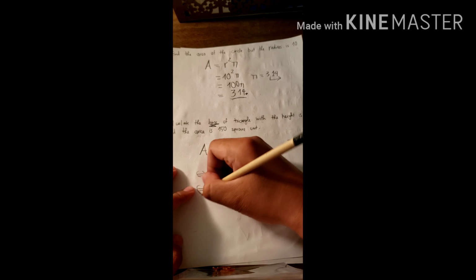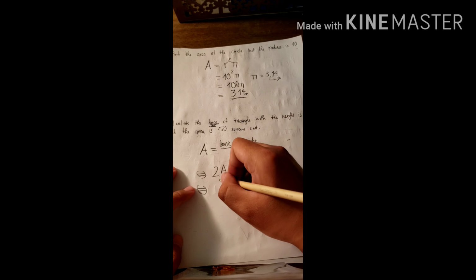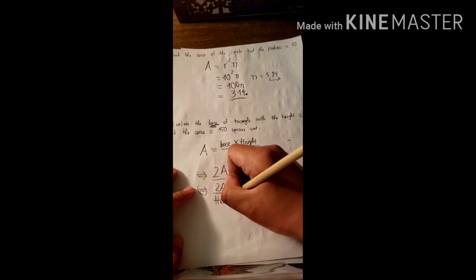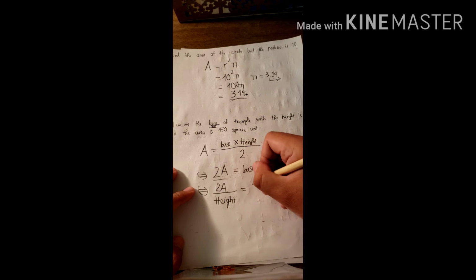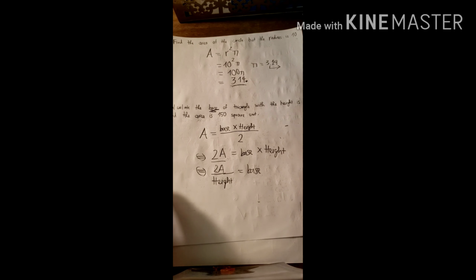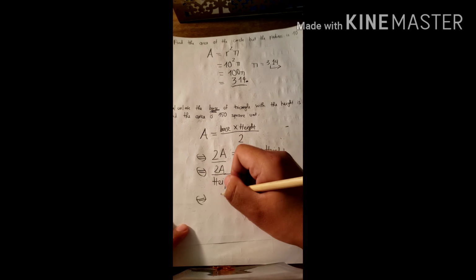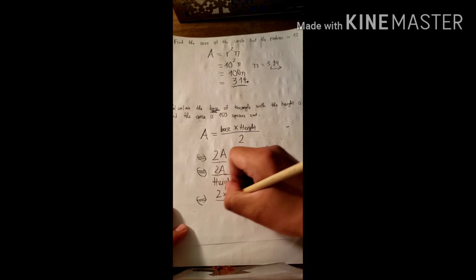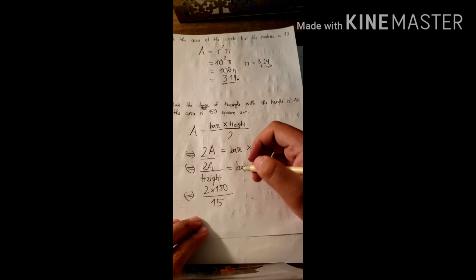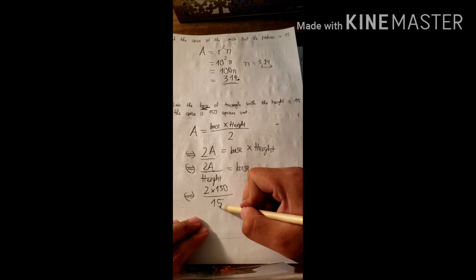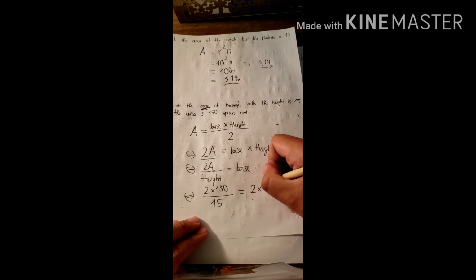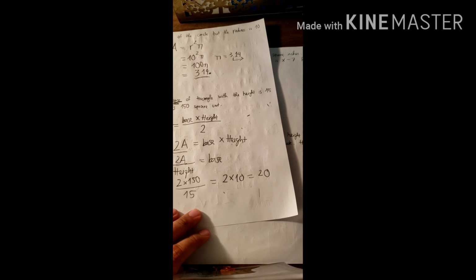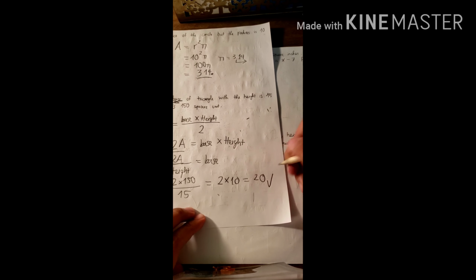The height in here will be divided, so we have 2a divided by the height equal to the base. So 2a is 2 multiplied by 150 and the height is 15. But in here 150 divided by 15, we have 2 multiplied by 10, and the base is 20. So that is the final answer.